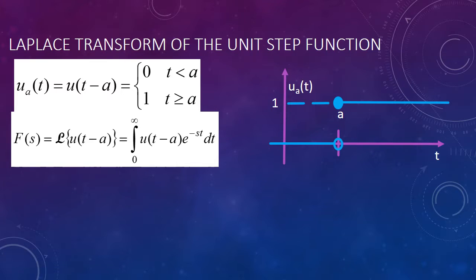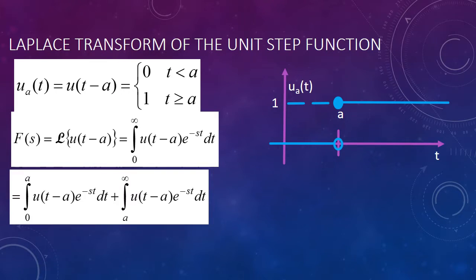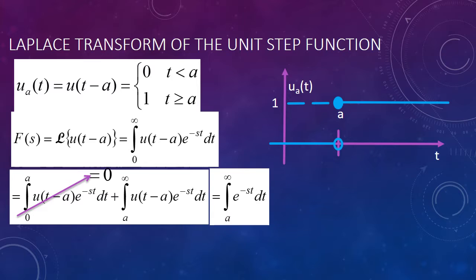So here is the shifted unit step function, and I apply this definition. Now this is a little different. My function's not 1 until I hit a, so what I'm going to do is break the integral up into two parts. I'm going to integrate it from 0 to a, and then integrate it from a to infinity. And if I do that, that first integral is 0 because the unit step function is always 0 up until a. And then the unit step function goes to 1 between a and infinity, and so I just have to do this integral again.